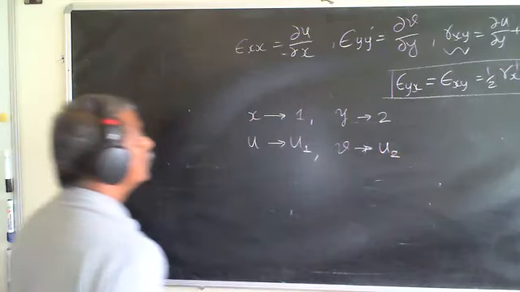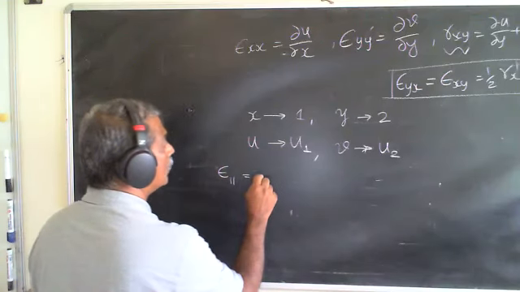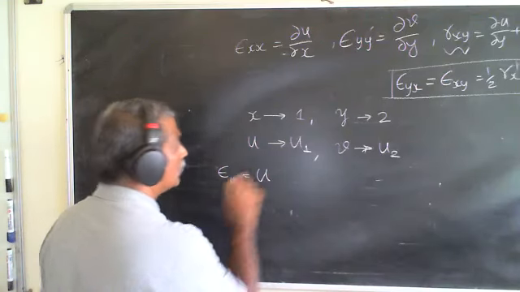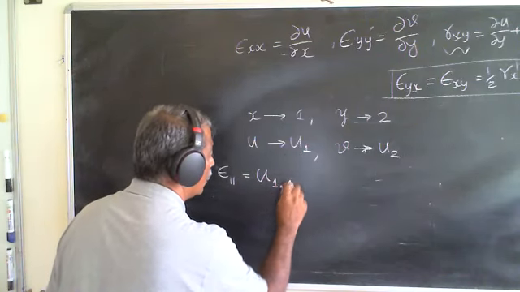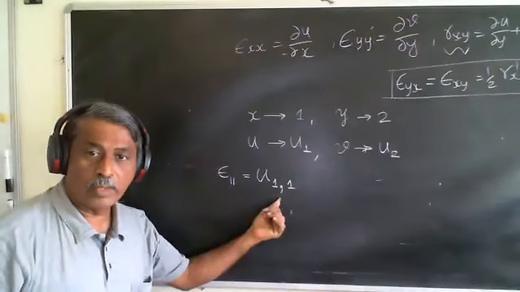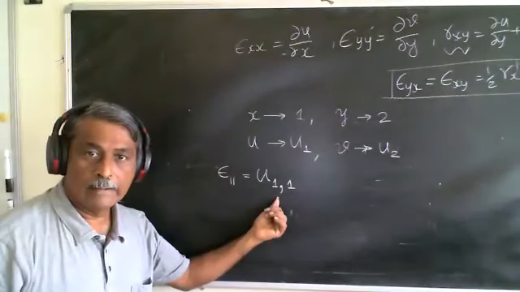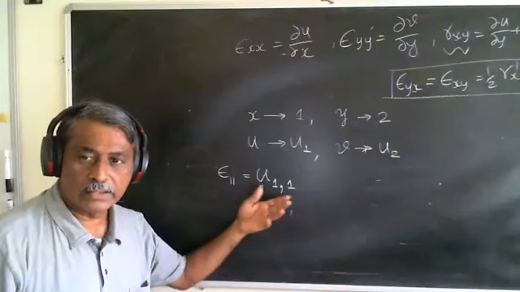Okay. So we will have epsilon 1 is equal to u1, comma 1. What is this comma about? What is this comma that I have introduced? We did this exercise last time.